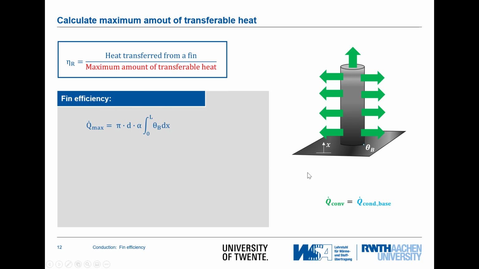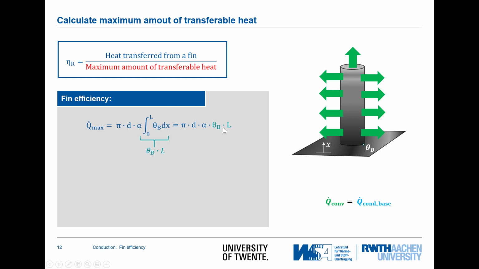But interestingly, we said the temperature is constant. So because the temperature is constant, also this theta bottom is constant from 0 to L. And so the integration of theta bottom over the length 0 to L is just theta bottom times the length L. And so the maximum amount of heat that can be transferred is equal to pi times the diameter times alpha times theta bottom times L. What do we see here?